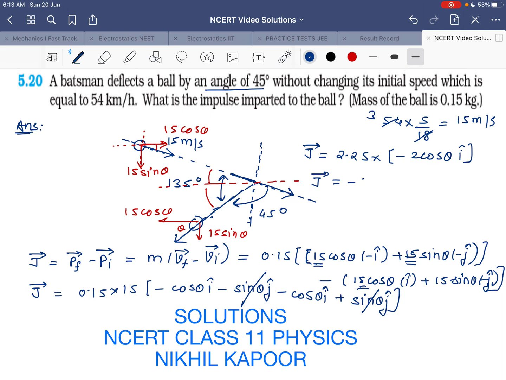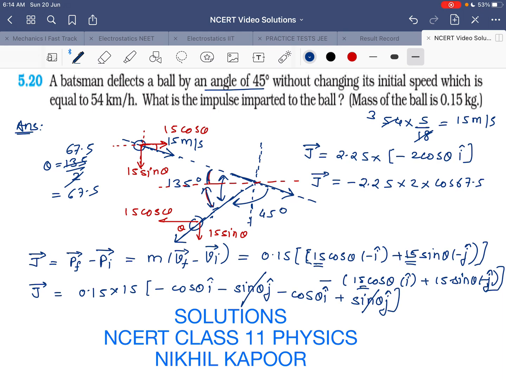So it will be minus 2.25 into 2 into cos theta. And how much is this theta? Theta is nothing but 135 upon 2, because the angle of incidence and reflection are equal. So that is 67.5, and it will be cos of 67.5.